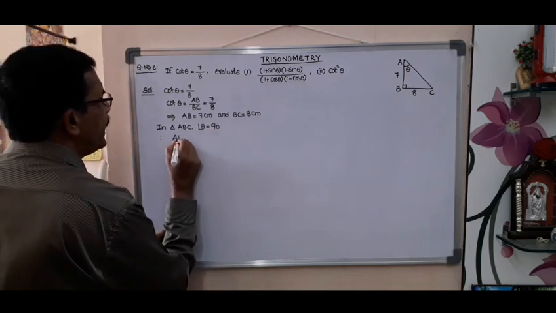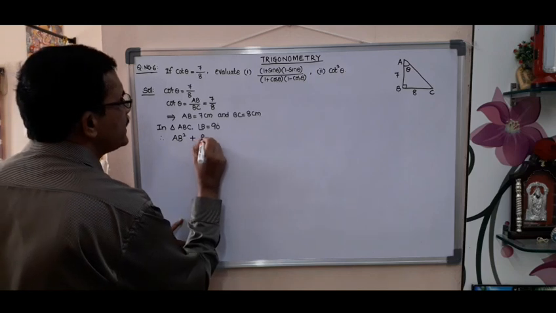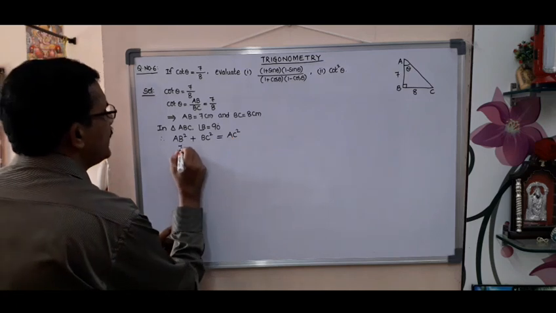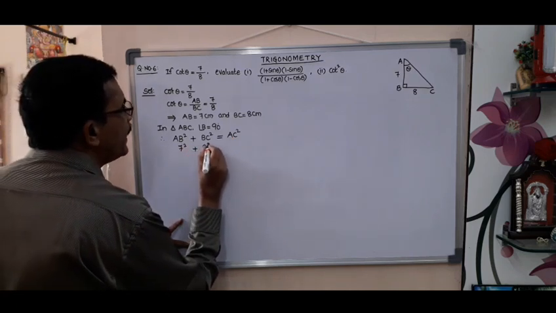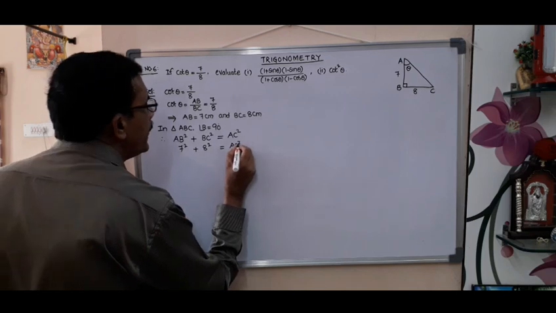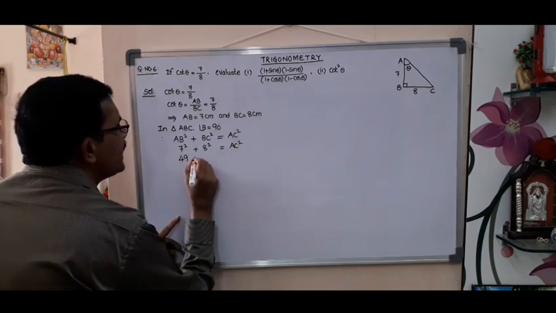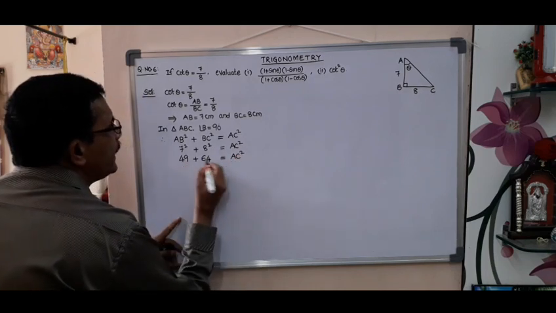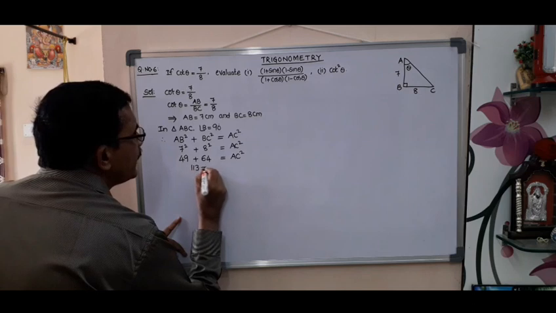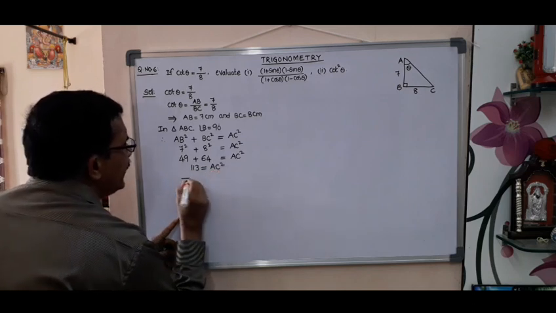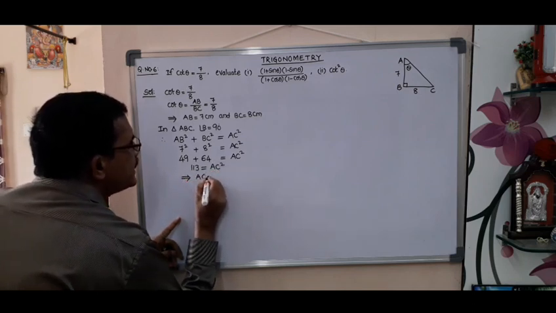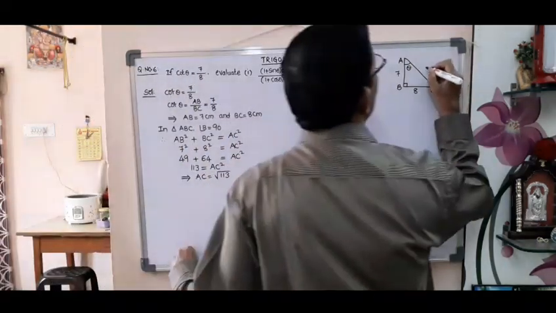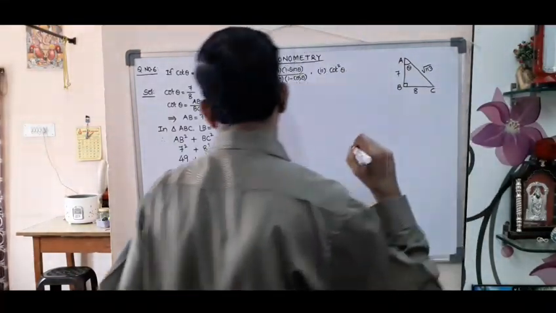Therefore AB square plus BC square is equal to AC square. 7 square plus 8 square is equal to AC square. 49 plus 64 is 113, equal to AC square. Implies AC is equal to under root 113.